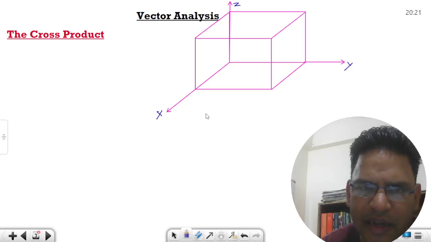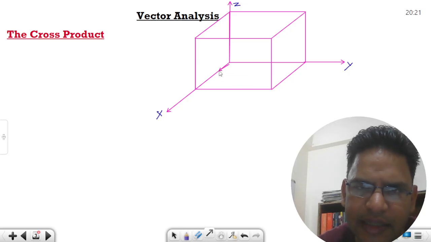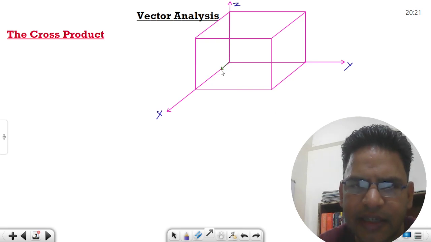Okay, that is the basic idea. So in a right-handed system, this is the x-axis. So essentially this is the i cap vector. Unit vectors along these directions are defined as: this is i cap, this is j cap, and this is finally the k cap vector.